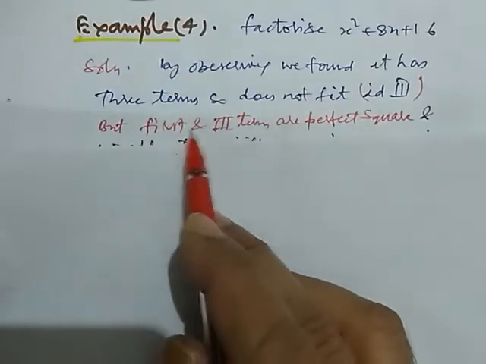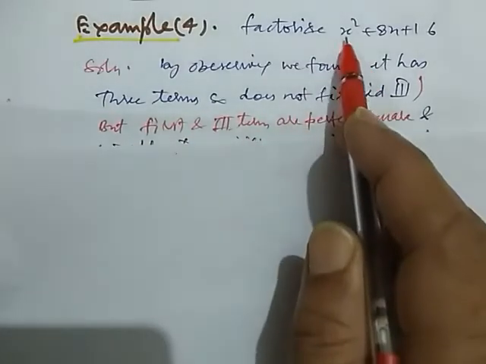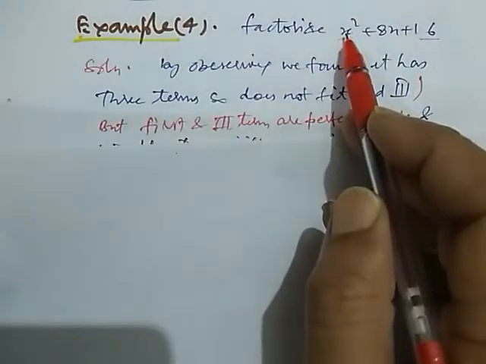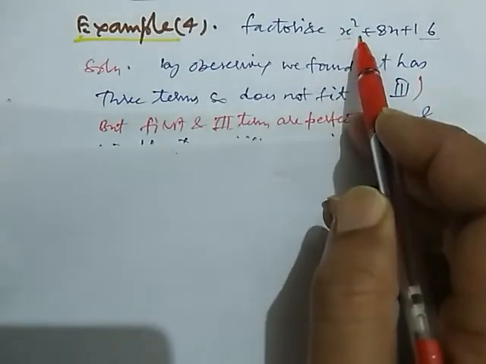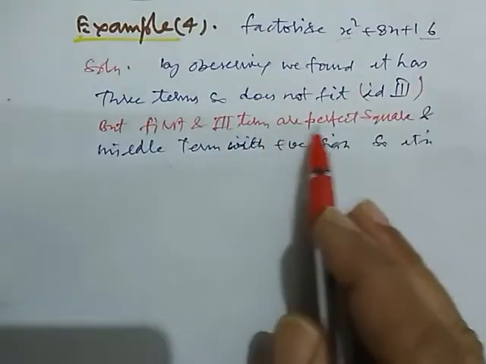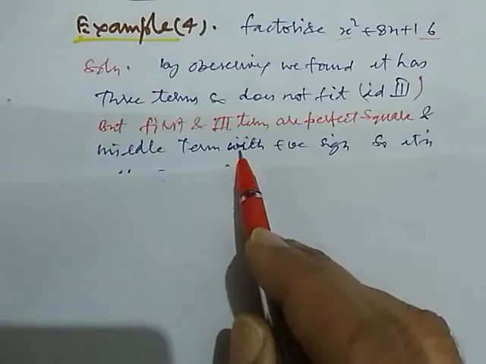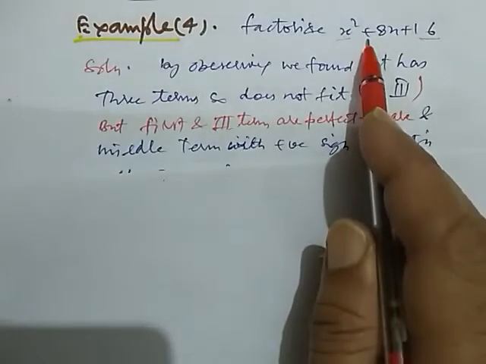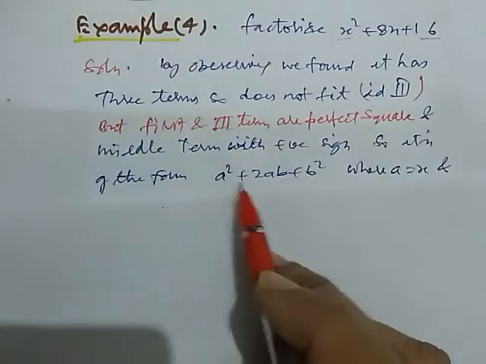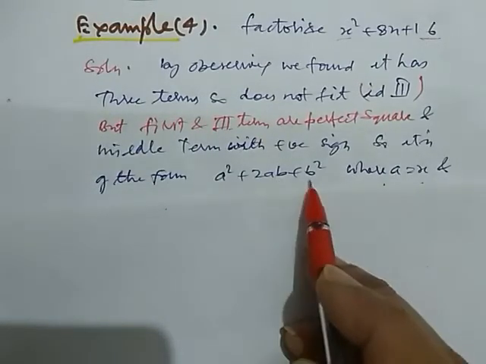But the first and third terms are perfect squares. Here the first and third terms are perfect squares. This is x whole square and this is 4 whole square. So the first and third terms are perfect squares, and the middle term is with a positive sign. So it is of the form a square plus twice ab plus b square.